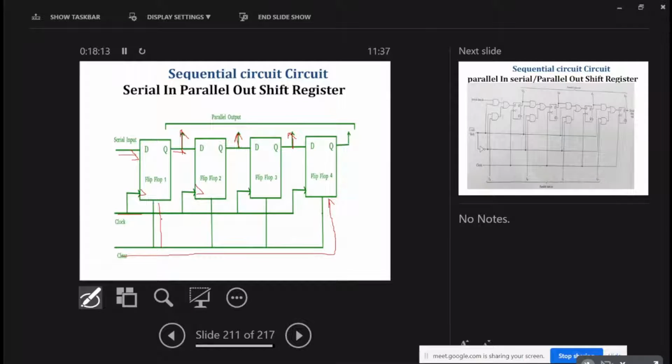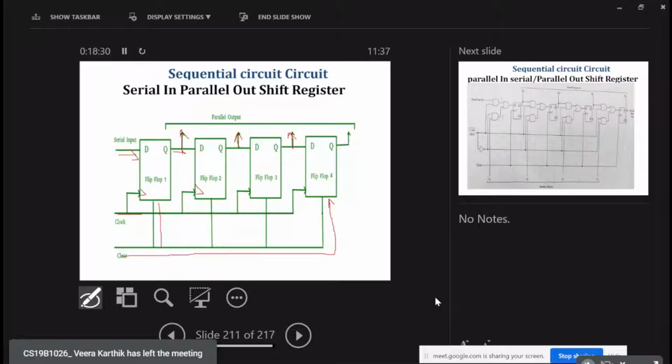So a common clear input pin is provided with each flip flop of this register. Common clock pulses are there, and the flip flops are connected serially.